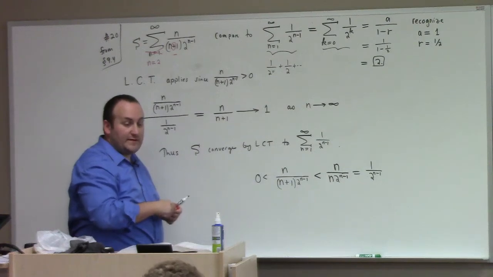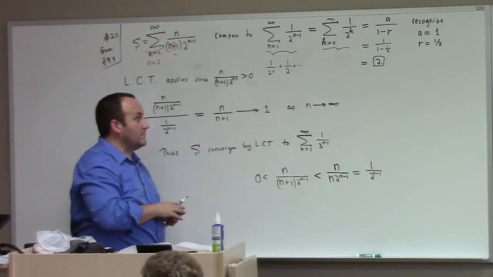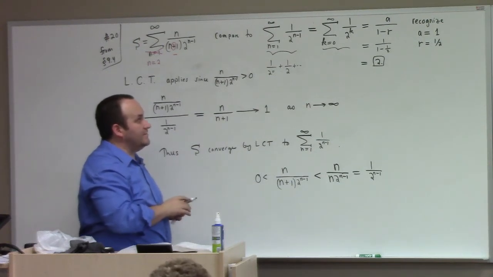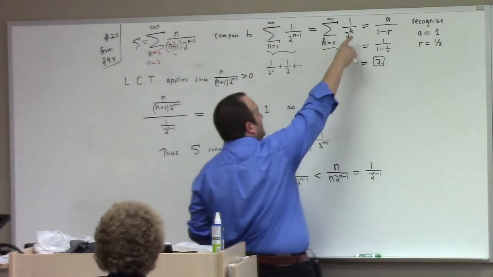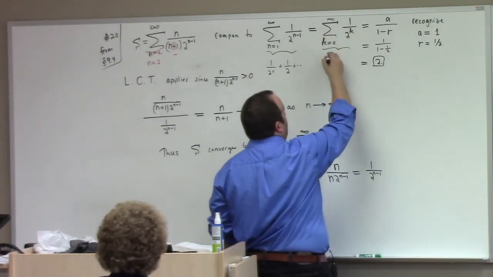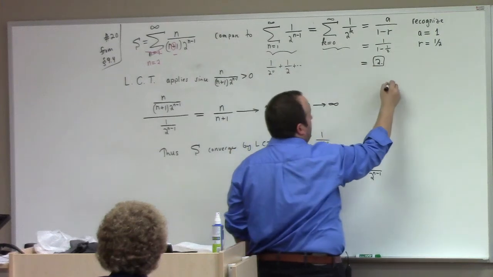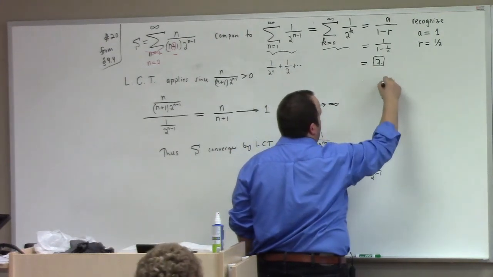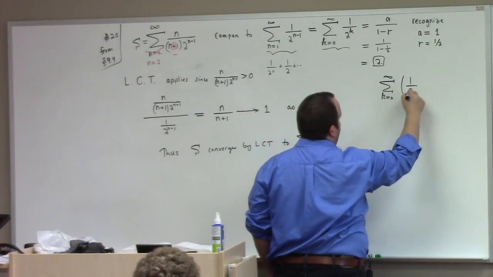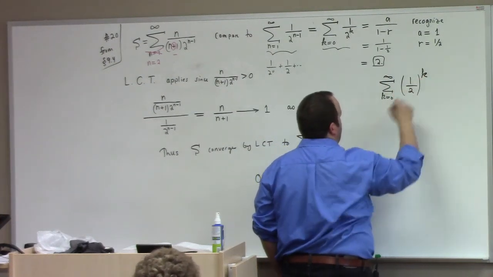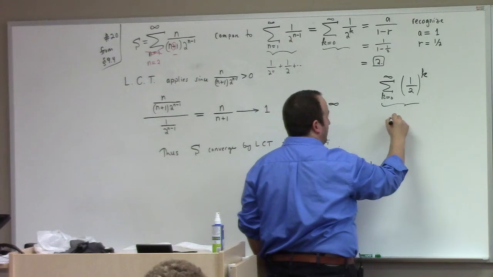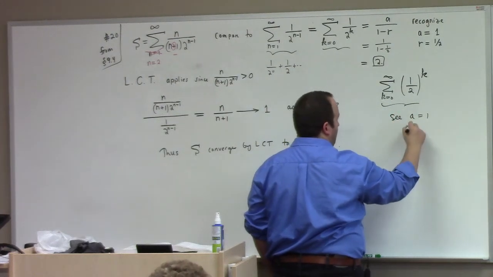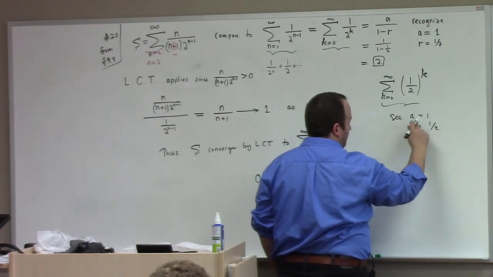That's by just this right here. It can also be written as the sum k equals 0 to infinity of 1/2 to the k. So if you look at that, you can see A is equal to 1 and R is equal to 1/2.